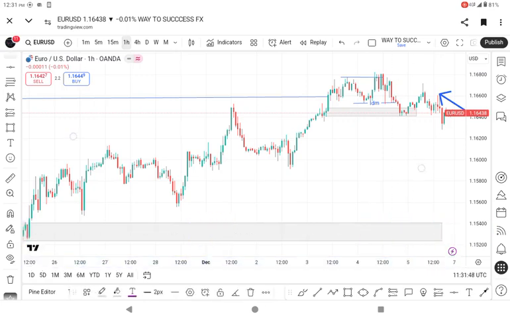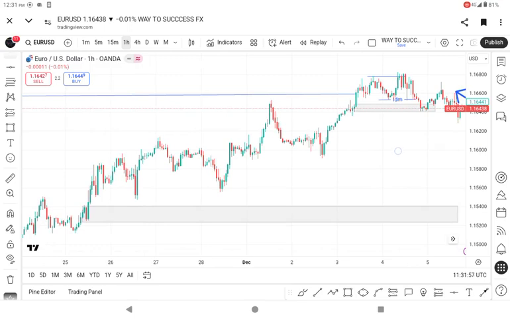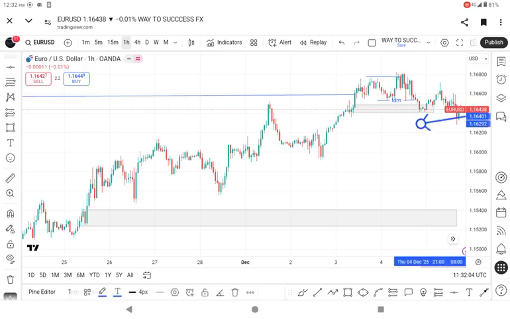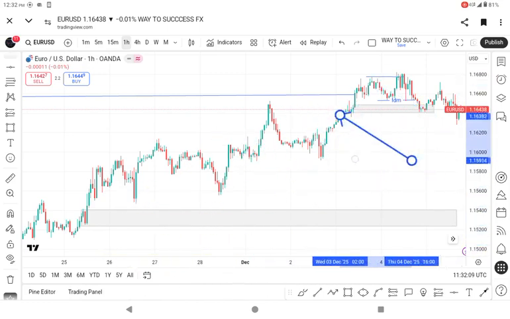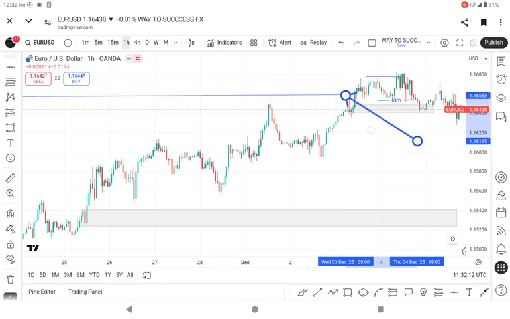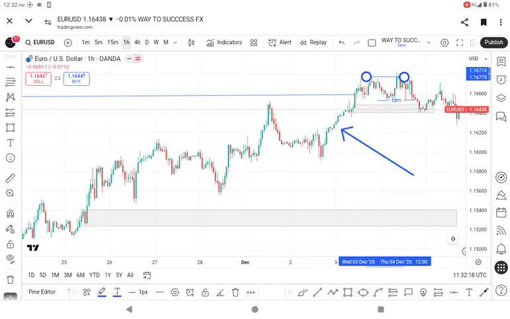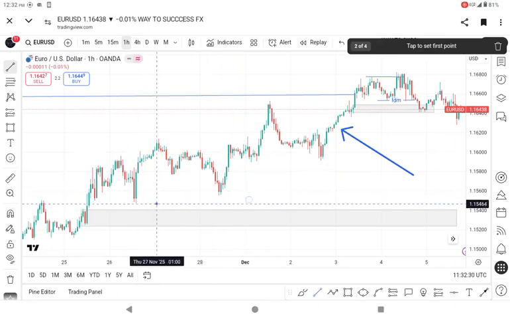And now since daily has made a change of character, a higher time frame break of structure, all these levels you are seeing here, all these breaks of structure, now act as liquidity for the daily to come and take before continuation. So you should bear that in mind before doing anything on the H1 time frame. You should know that price is definitely coming to the downside since the higher time frame daily has made a change of character.